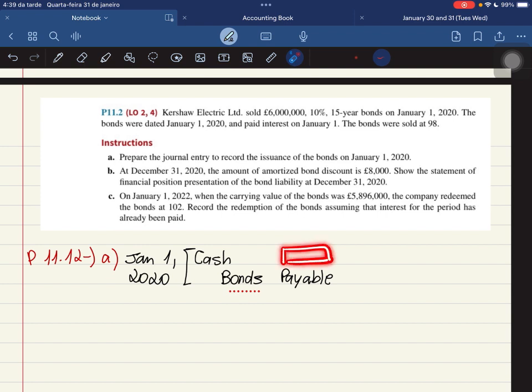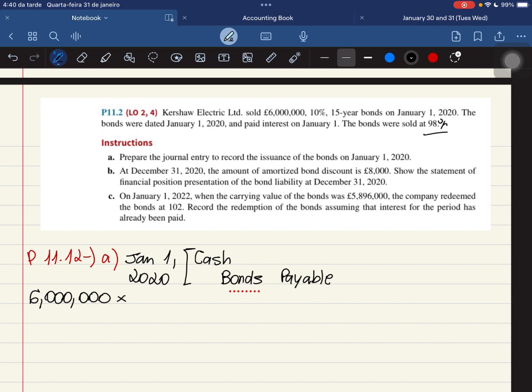And this number over here is always going to be the issuance price, the present value. This is not the issuance price, right? We have to calculate the issuance price because here they said that the bonds were sold at 98. So we're going to have the original value times, every time you see a number like this, just pretend that this is 98%.